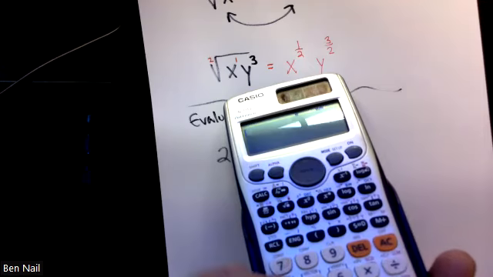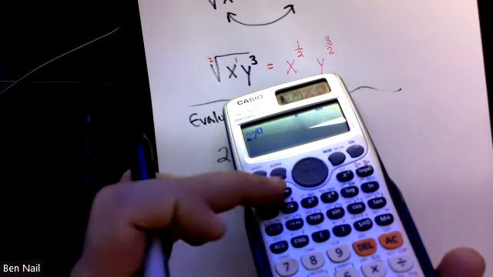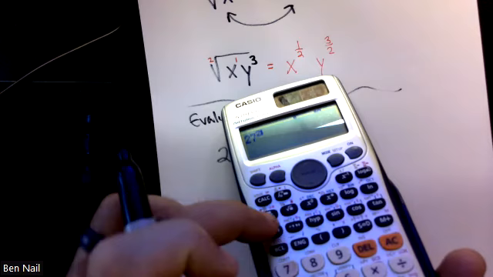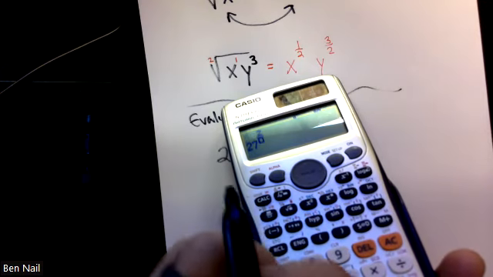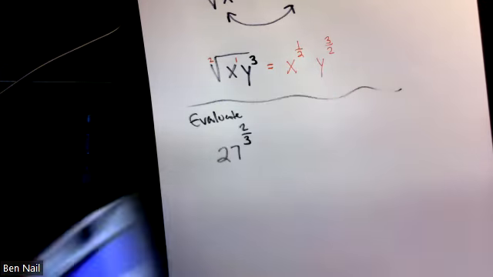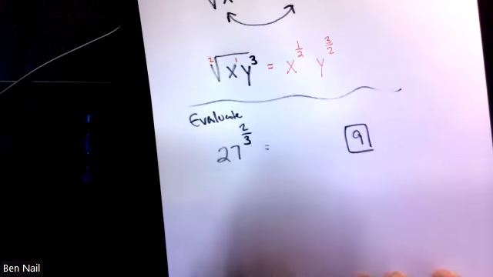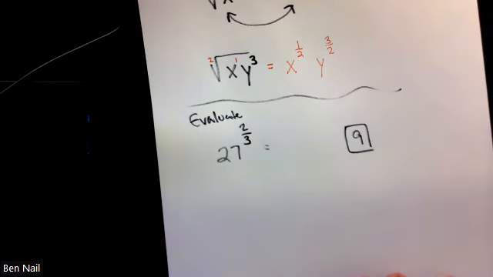So I'm going to type in 27. Here's my exponent button. And I can type in 2/3. And I can hit equals. And my calculator will do it. It'll just figure out what the solution is.